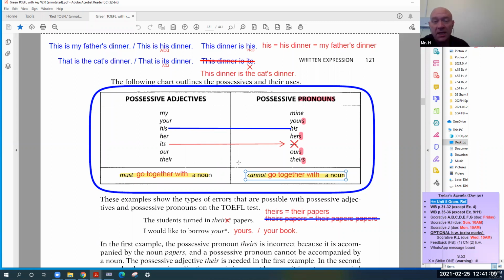Okay. Right. You cannot put the pronoun together with a noun. The adjective, you must put the adjective with a noun. Do you understand? But the pronoun cannot be with a noun. Okay.